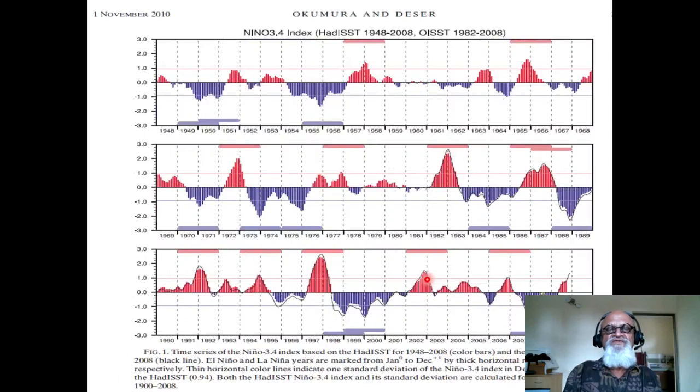So we can just move on to the Niño 3.4 index again, also known as ONI, Oceanic Niño Index, or whatever. So you can see La Niñas, multiple years. El Niños typically don't occur together for more than 1 year, but there are exceptions.